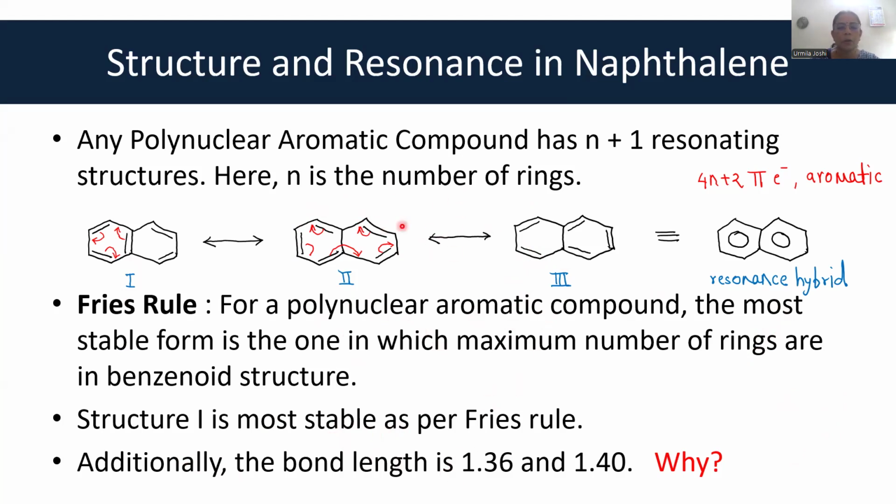Look at bond number 1, 2. This bond is 1.36, whereas this bond is 1.40. Now, why so? Why do adjacent bonds have different bond lengths? Let us try to understand.